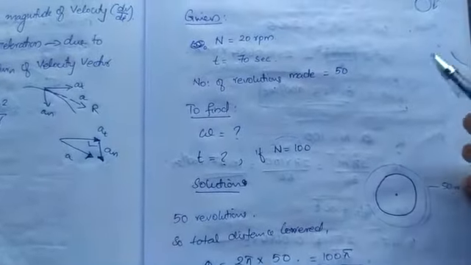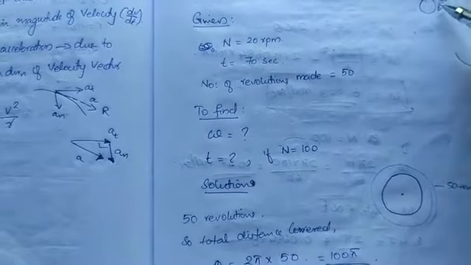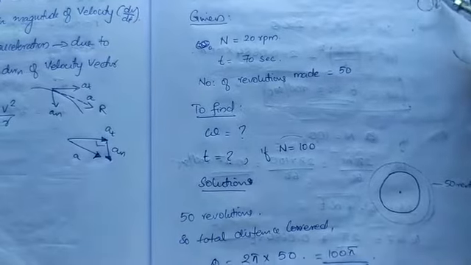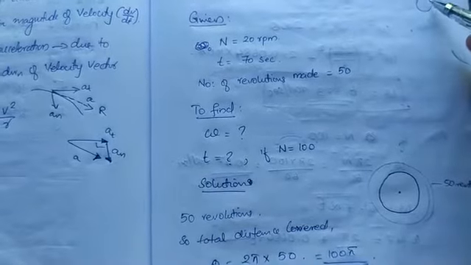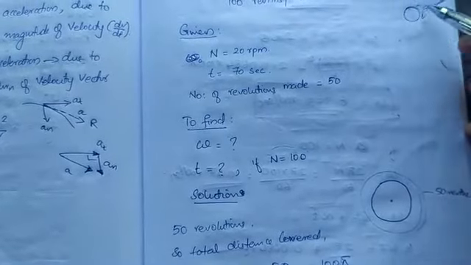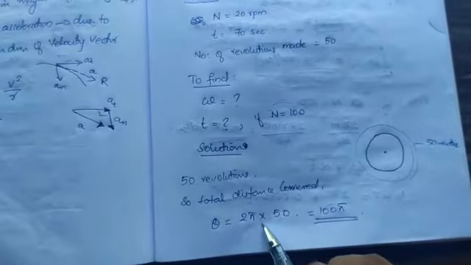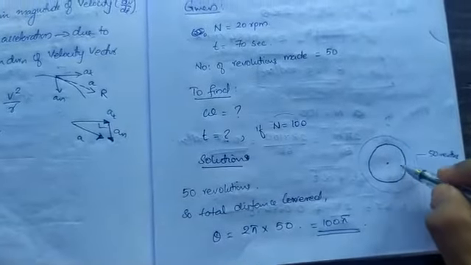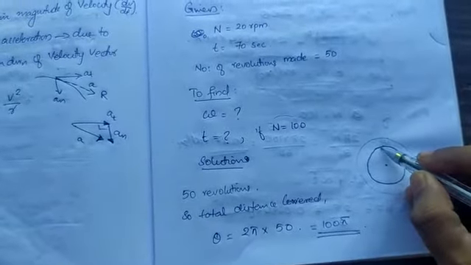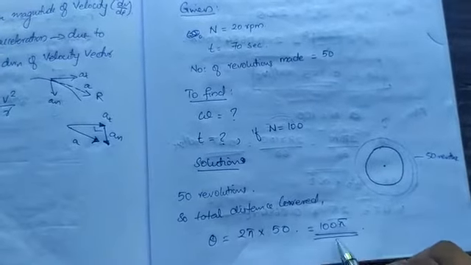So in order to make 50 revolutions, how much total distance has it covered? This is angular rotation, circular rotation, so 50 into 2 pi. One revolution is 2 pi, the perimeter of a circle, into 50, that is 100 pi.